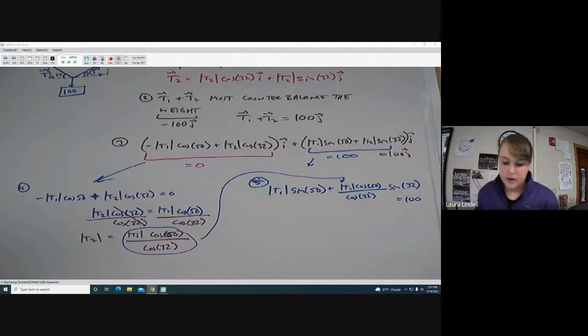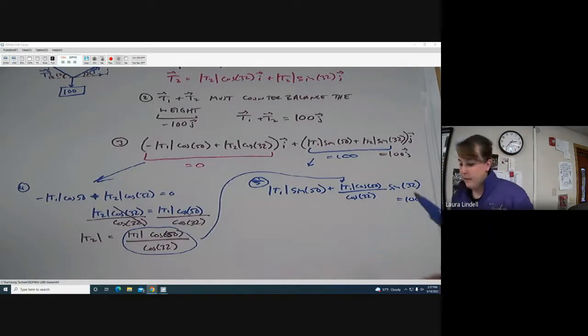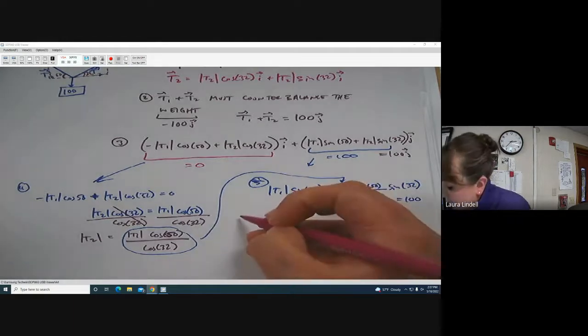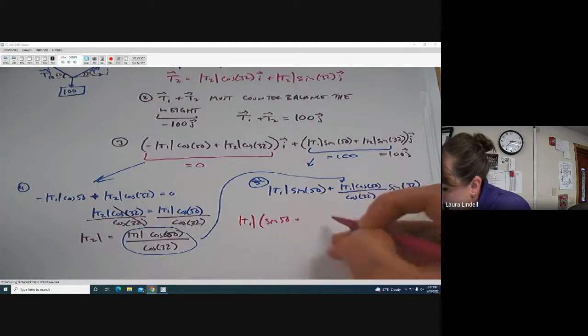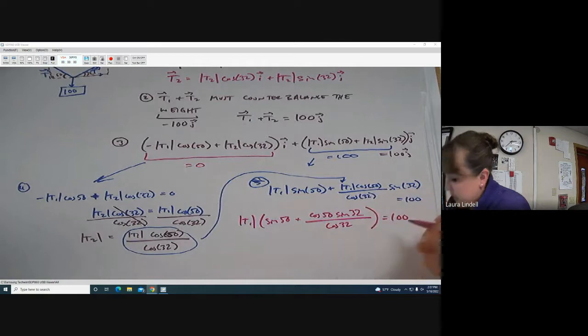Okay. So now I can factor out a T1 from both of these. So we get T1 times sine of 50 plus cosine of 50 sine of 32 over cosine of 32 equals 100.